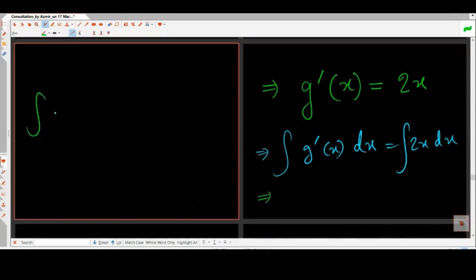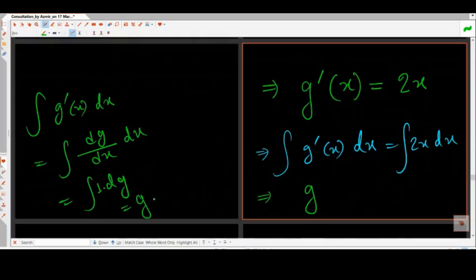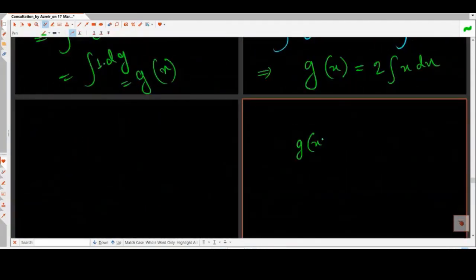The integral of g prime of x dx, which is also dg dx times dx, is the integration of 1 in terms of g, that is g. So we have found g. Since g is a function of x, we can write g of x equals. On the right side, 2 is constant, so 2 can be pulled out. We have the integration of x dx. So g of x equals 2 times the integration of x in terms of x, which we know is x squared over 2.